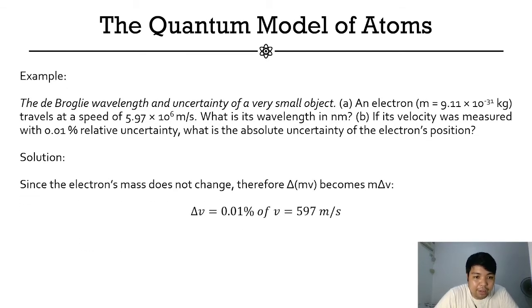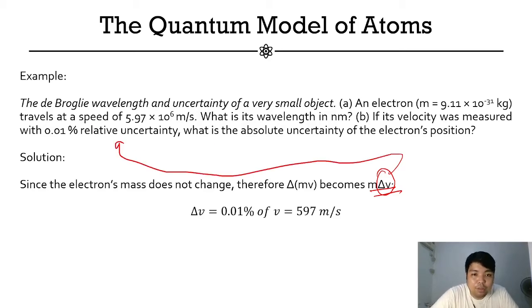So let's go back here. The electron's mass does not change, obviously, when it travels at a speed of 5.97 times 10 to the 6 meters per second. So in the Heisenberg uncertainty principle, we can take out the m, the mass, because it is a constant, so it will become this one here. Therefore, we can just get the uncertainty delta v, which is the uncertainty of the velocity.